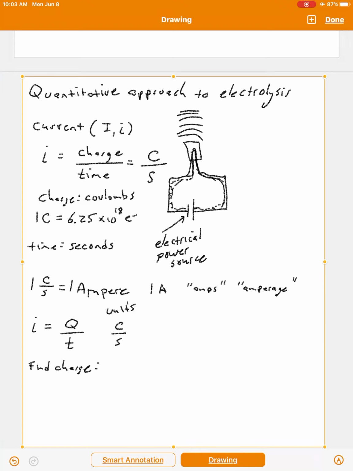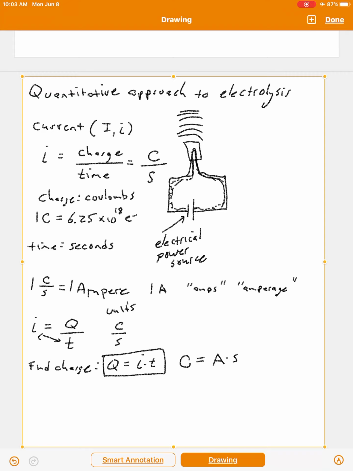Well, to do that algebraically, we would just say Q, the amount of charge, is equal to the current I times the time T. So current times time is equal to charge, or coulombs, if we're using the units, would be equal to amperes times seconds. Okay? Does that make sense? So the textbook that we use doesn't really use symbols, QIT. It uses the units in this discussion, CAS.